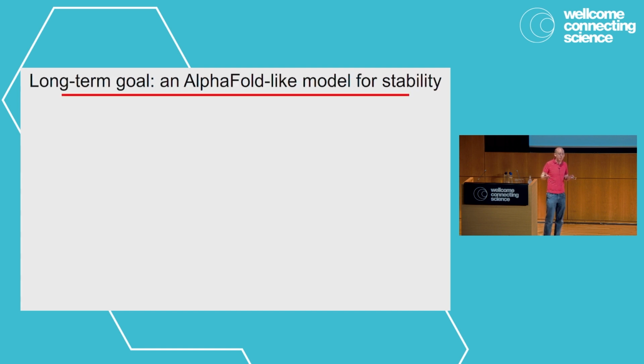The long-term goal for me of collecting all this data is to build a predictive model, and I think an AlphaFold-style model for stability is really believable. I said at the beginning that I think the focus of stability prediction should be predicting absolute stabilities of domains rather than just the effects of mutations.